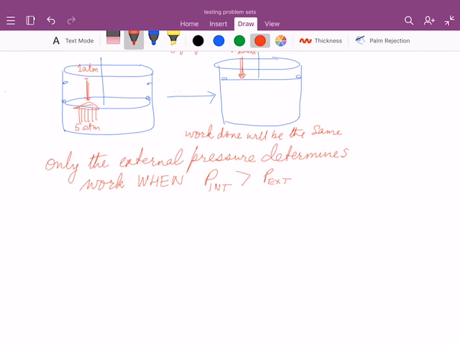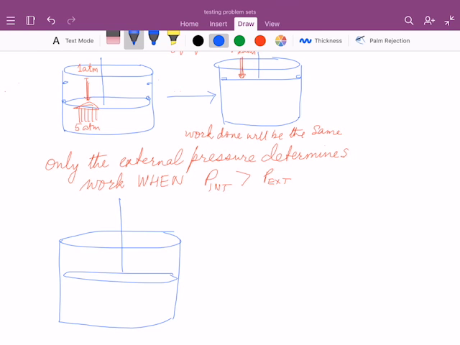The situation will change, however, if we have the following situation. Start with the piston as it was before, but now imagine that the external pressure is greater, let's say 10 atmospheres, than the internal pressure, which is, say, 1 atmosphere, and there's a stopcock holding the piston in place.